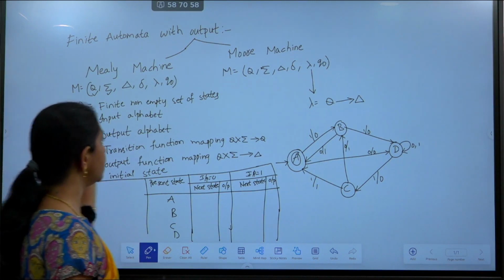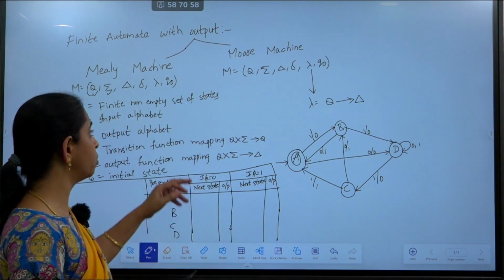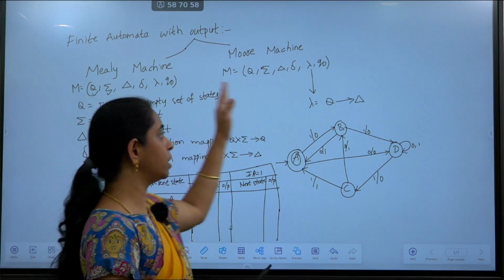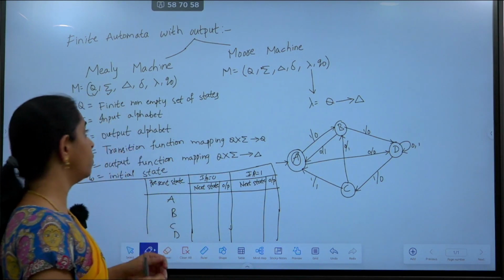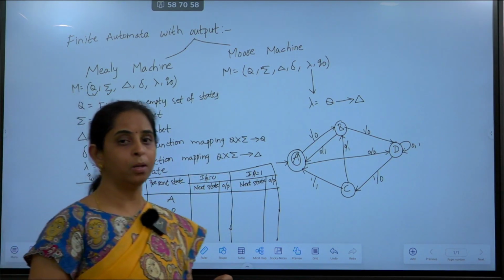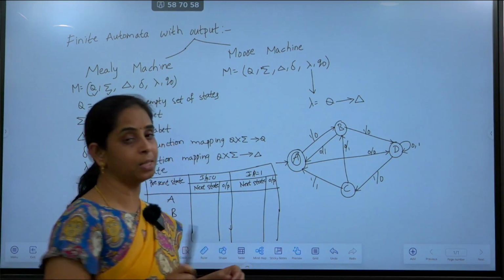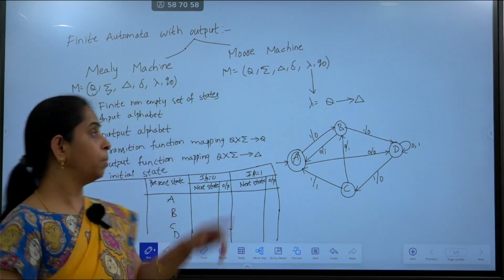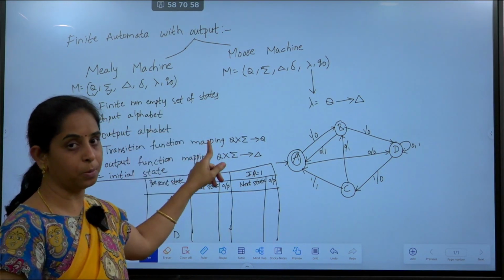Coming to the formal definition of the Moore machine, again we have 6 tuples, because the Moore machine is also a finite automata with output, but here the output depends only on the present state itself. In the Mealy machine, output depends on the present state and the present input.